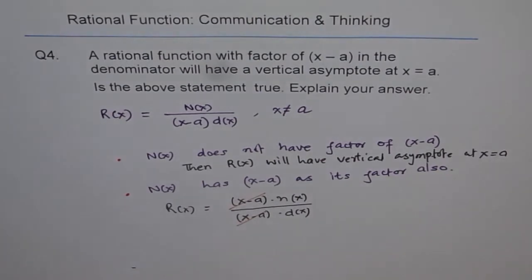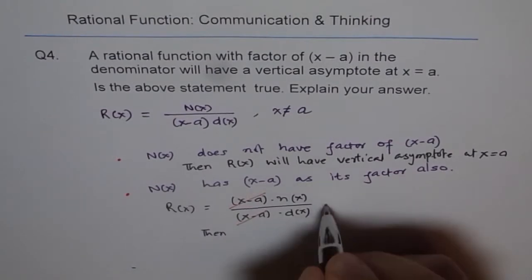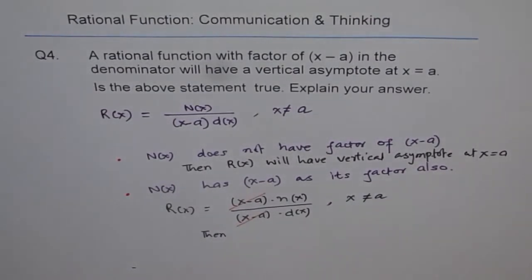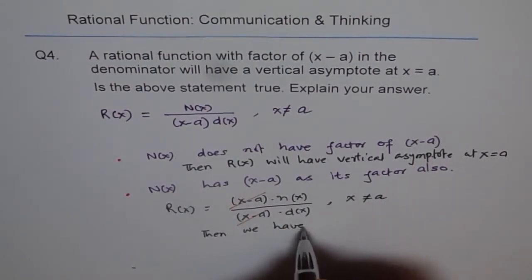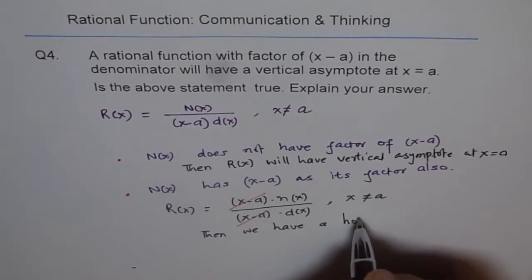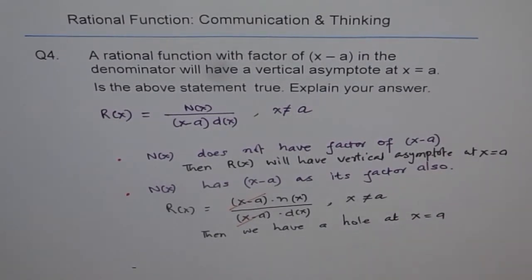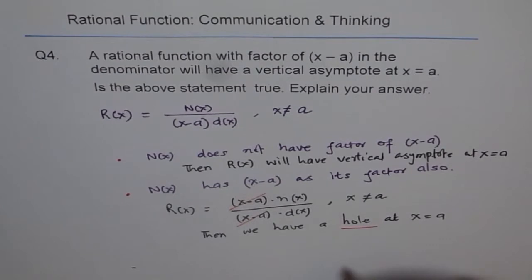If they cancel out, then what happens? Then we do have a discontinuity and we say x is not equal to a, but then what really happens? Then we have a hole at x equals to a, not a vertical asymptote. So that is kind of important to understand. Then in that case we may have a hole, right?